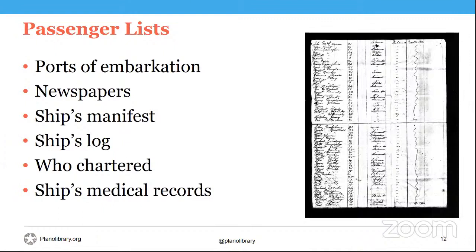Sometimes if they stopped along the way, they had a passenger list made there and then wherever they landed. So they made lists everywhere. And what you're going to hope is that you can find them along the way and that they were kept somewhere.